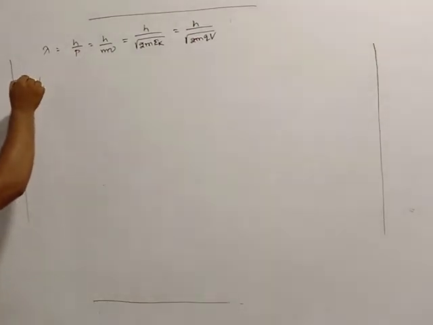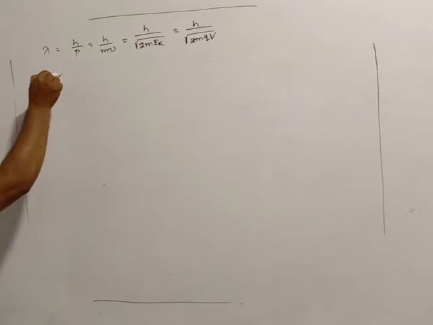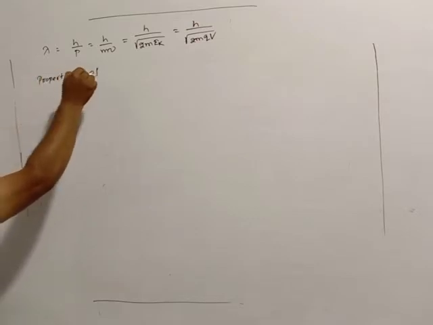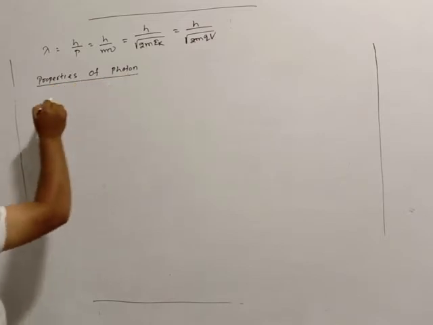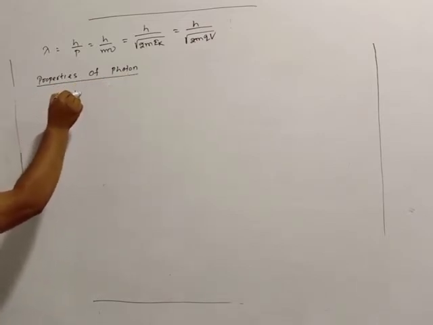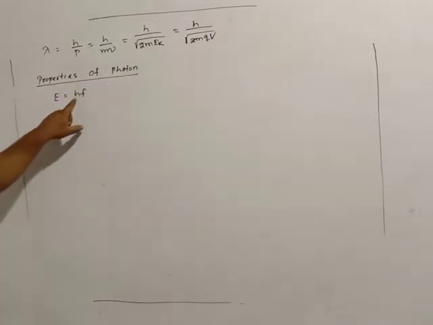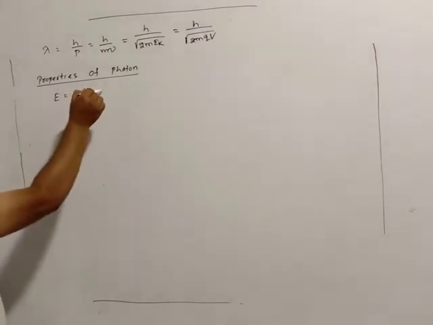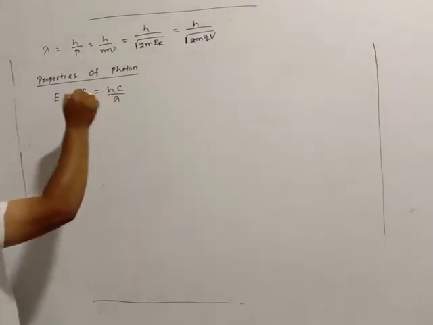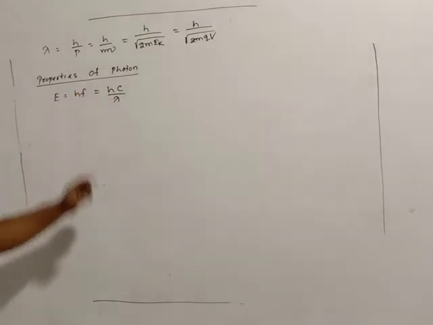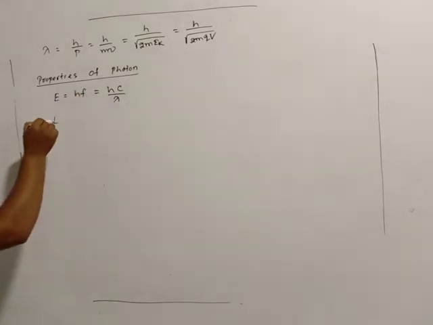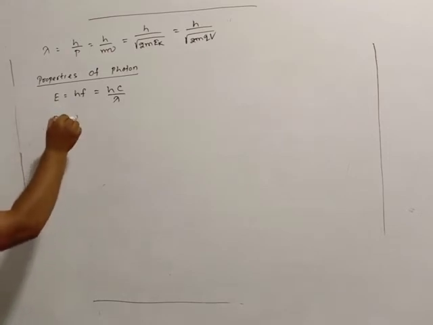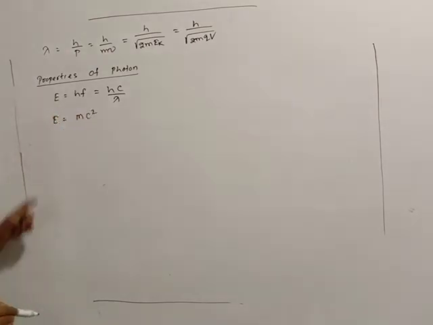Next we will go for properties of photon. Now we know that energy of photon according to Planck's quantum theory E equal to hf. And f equal to c by lambda. So E equal to hc by lambda. But Einstein's mass energy equivalence states that E equal to mc square.